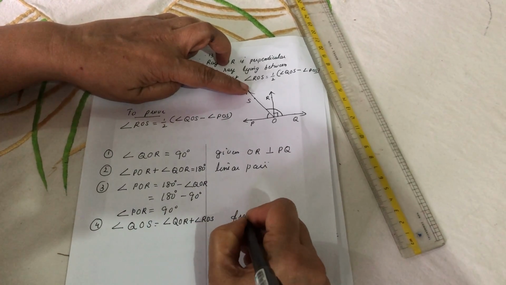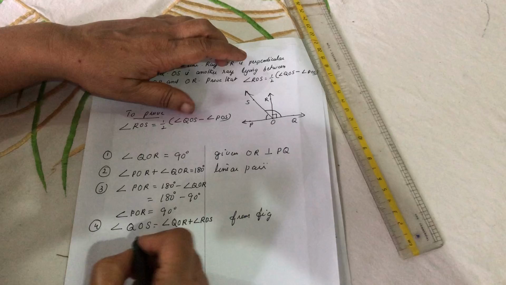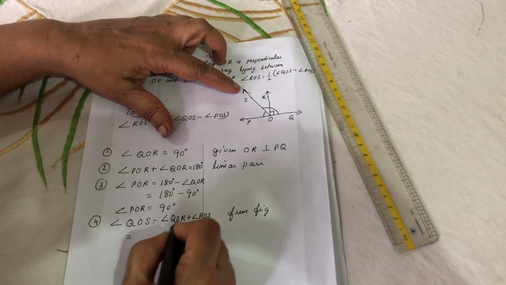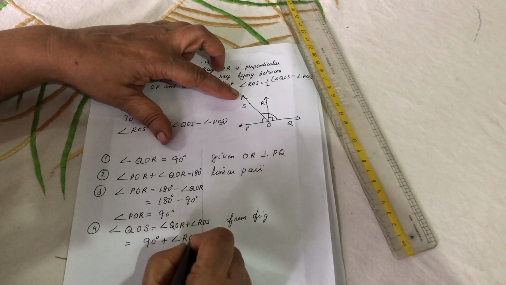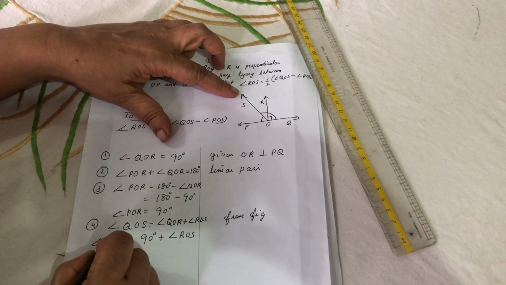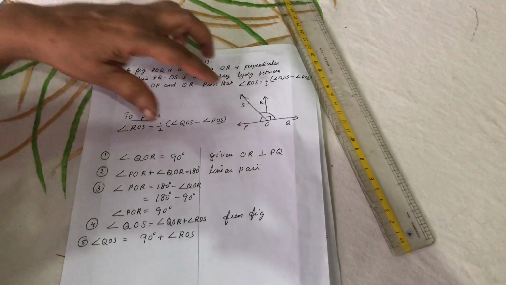This is from the figure, you can write it. So that is equal to this QOR is 90 degrees plus ROS is angle QOS. This is the fifth point I am writing.